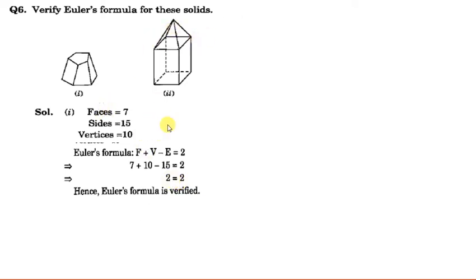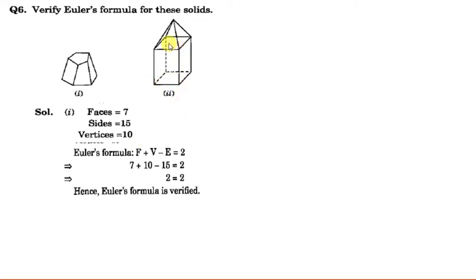In the second figure, we have a square base. Here it is also a square, and at each side of this square we have 4 triangles, so 4 faces above, and similarly at each side of the base we have 4 vertical faces, so 4 plus 4 is 8, and 1 base at the bottom, so there will be a total of 9 faces.